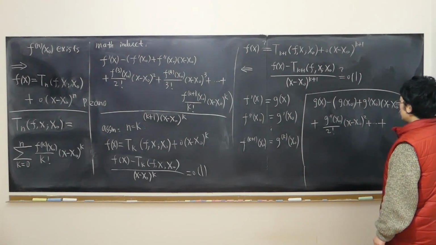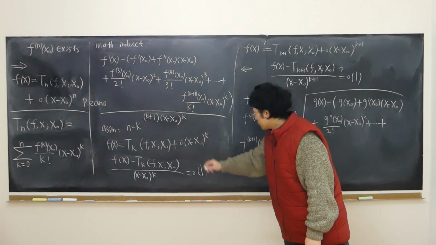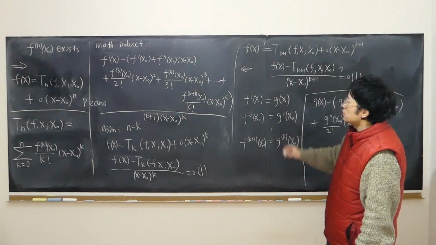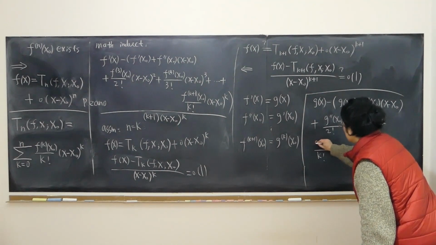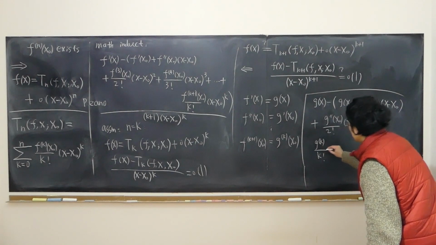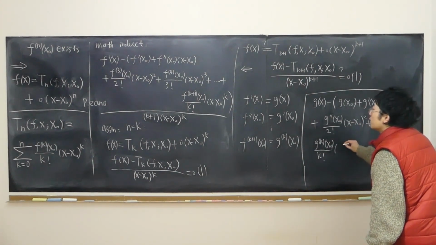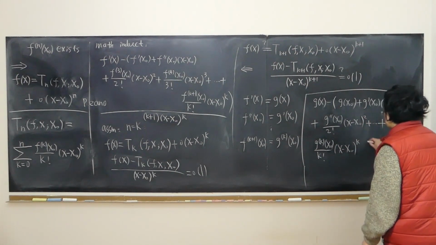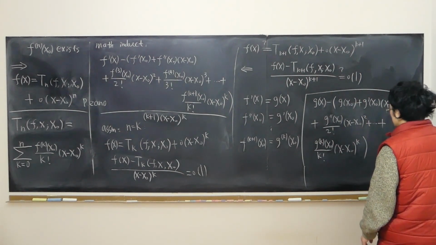All the way up to the last one, the k plus 1th derivative of f, which is equal to the kth derivative of g, over k factorial, g kth derivative at x naught times x minus x naught to the power of k. Bracket. So this is my numerator.